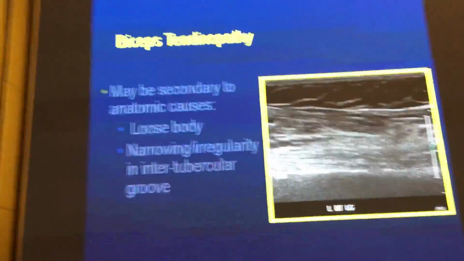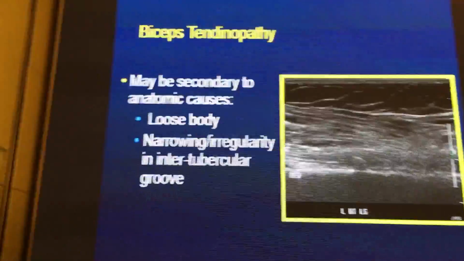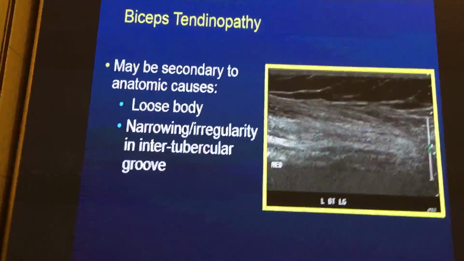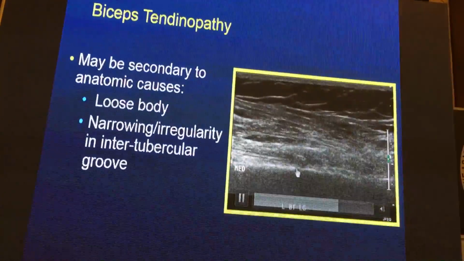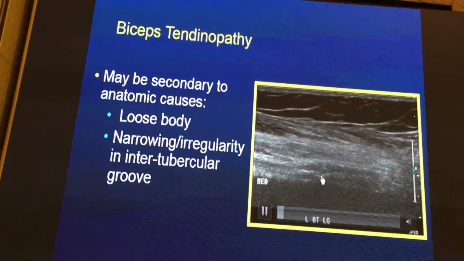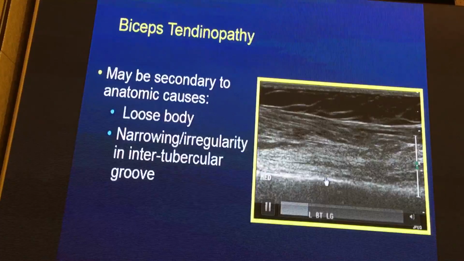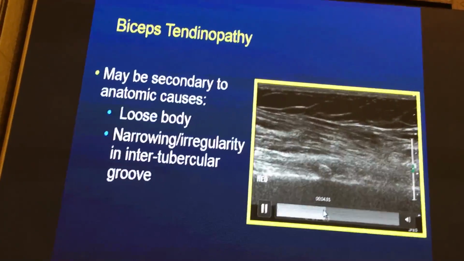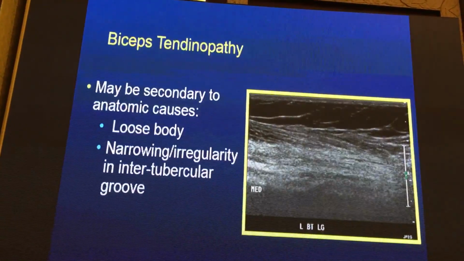So biceps tendinopathy can be predisposed to from a number of different factors. One is you might have a loose body. So here you can see this loose body that intermittently comes, I'm scanning back and forth across, right there, you can see it. So I'm just scanning back and forth across that biceps tendon in long axis.